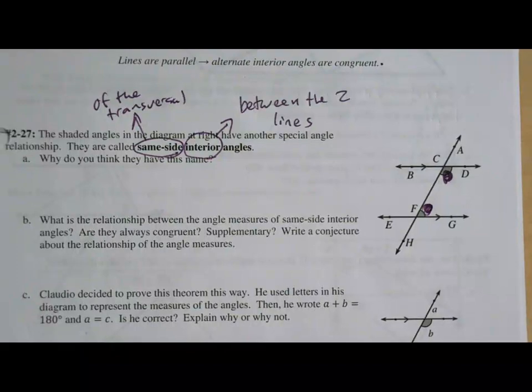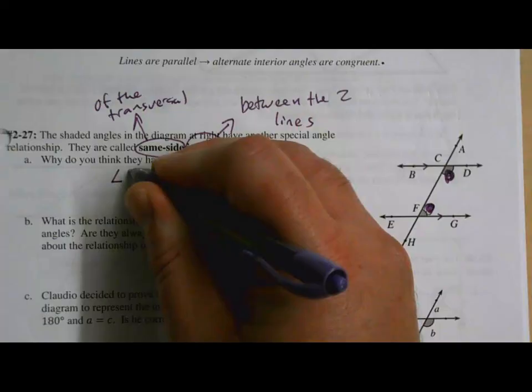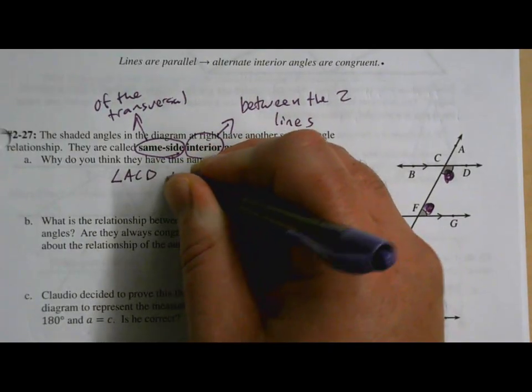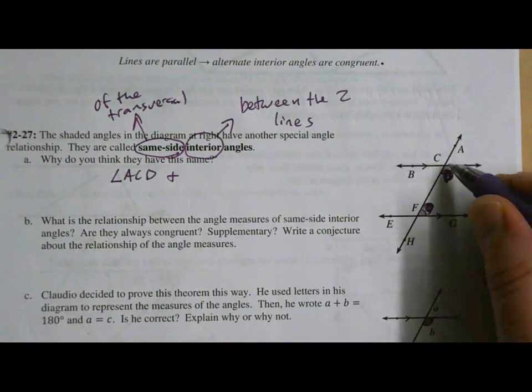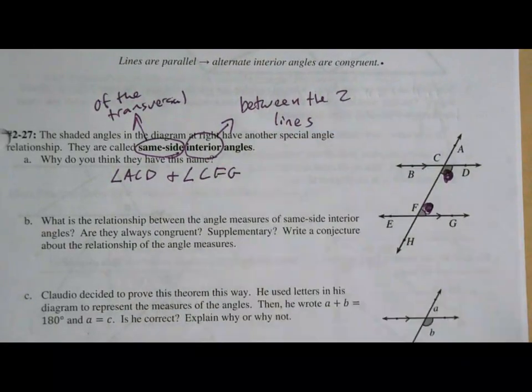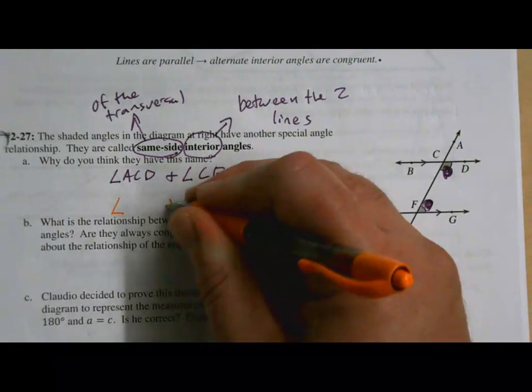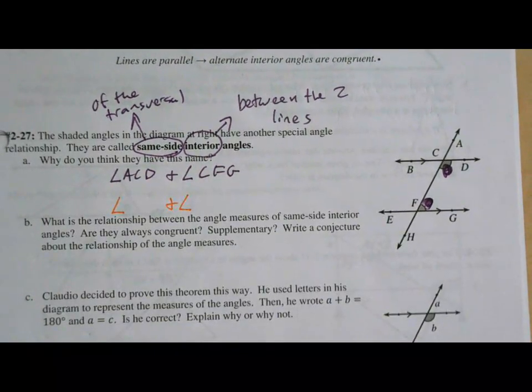So I'm going to name these. I'm going to call this one up here angle ACD. And this one down here I'm going to call angle CFG. Could you find me 2 other angles that would form a same side interior angle pair? There is another pair of same side interior angles in this picture.